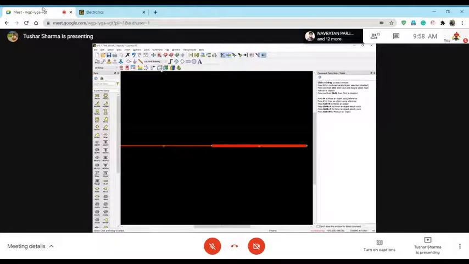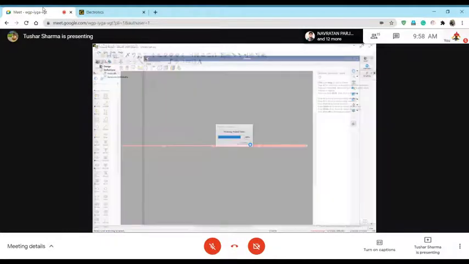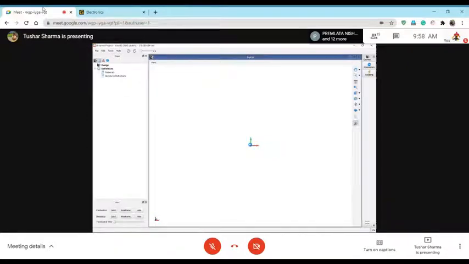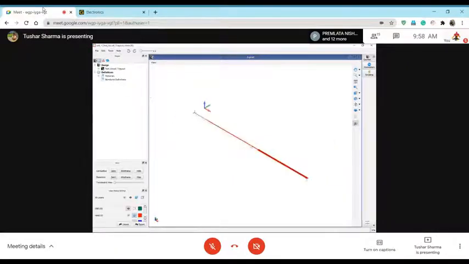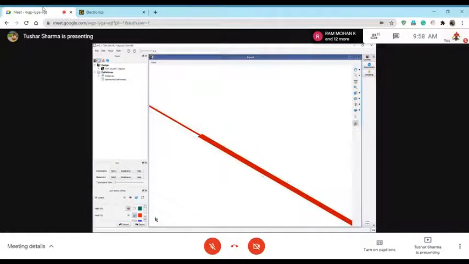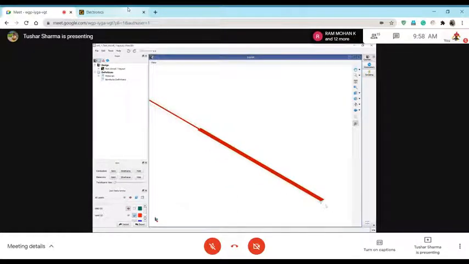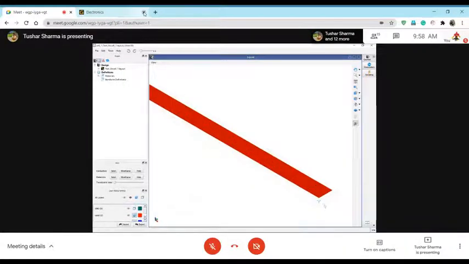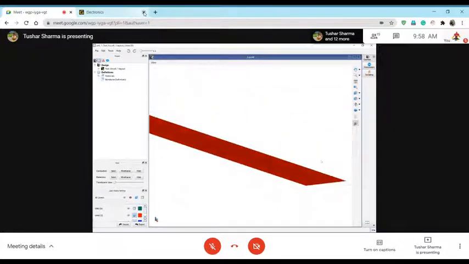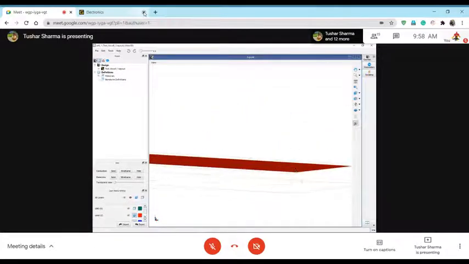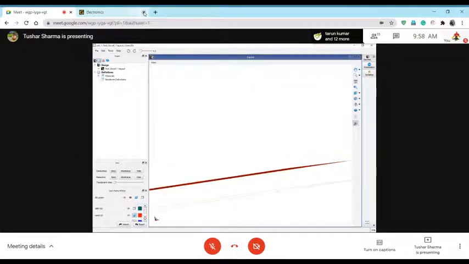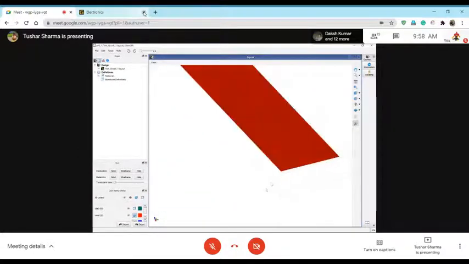So let's try to see it in 3D, because then you will get more of a feel for it. So this is your transmission line. You see this is the conductor, then there is this substrate, and in the bottom is your back metal.